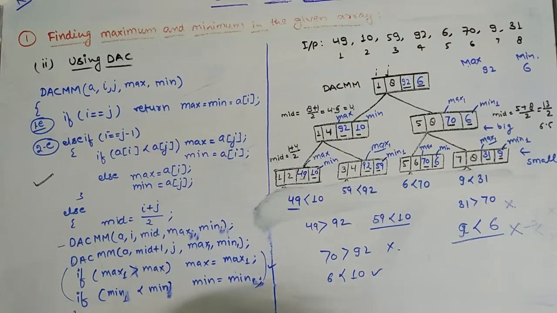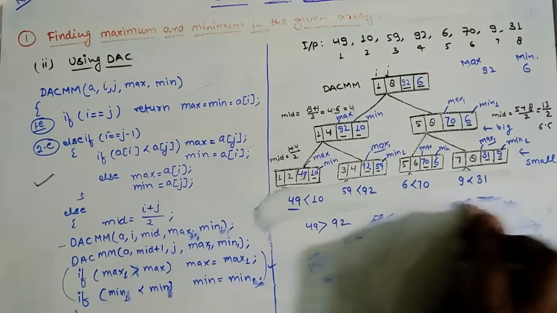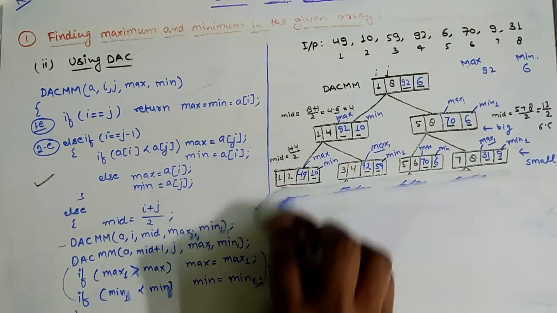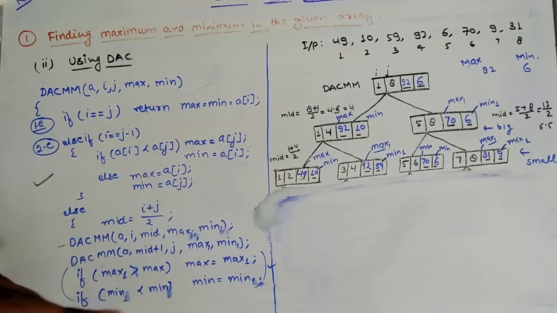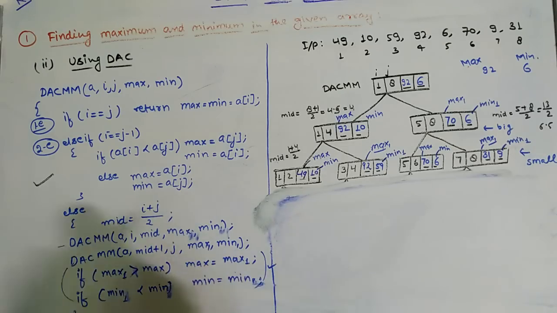So let's form a recurrence relation for the same problem. What would be the recurrence relation of this problem? In order to form the recurrence relation, just see that for each step or each function call, what amount of time is required to solve the problem.